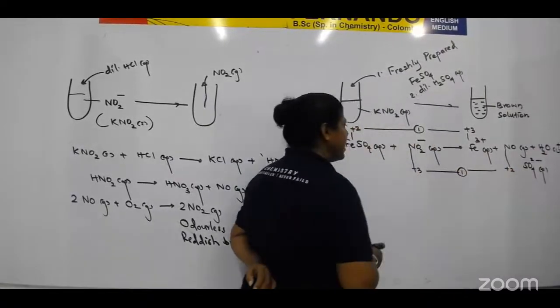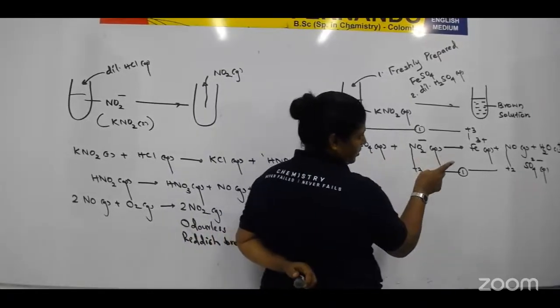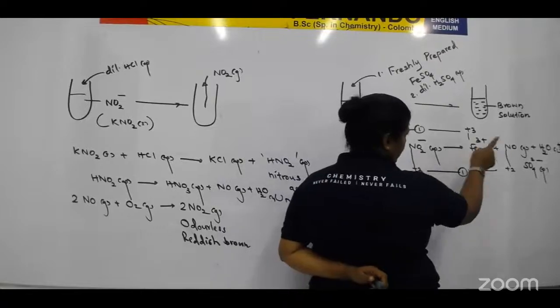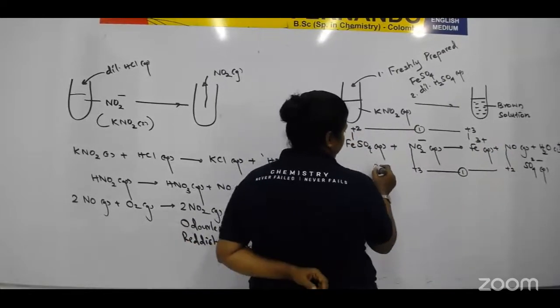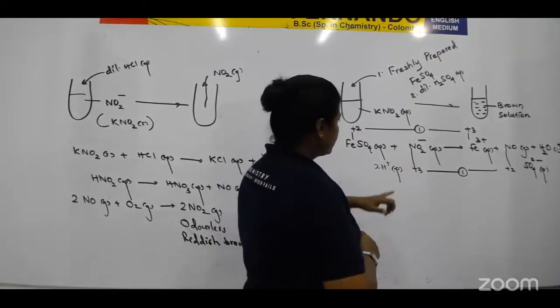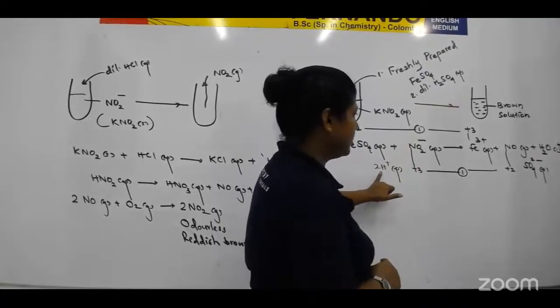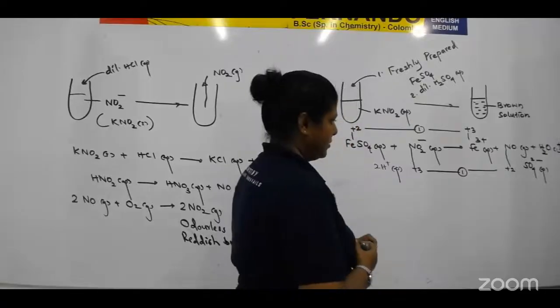Means the reaction is balanced. To get the 1 oxygen, add 1 water. To balance the H plus, add 2 H plus. Overall charge balanced.